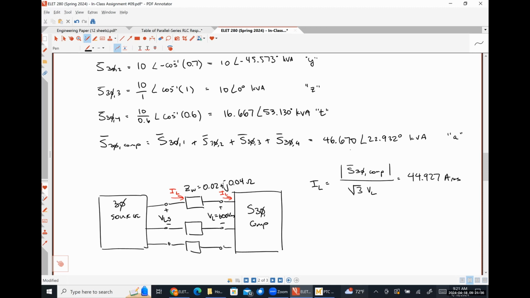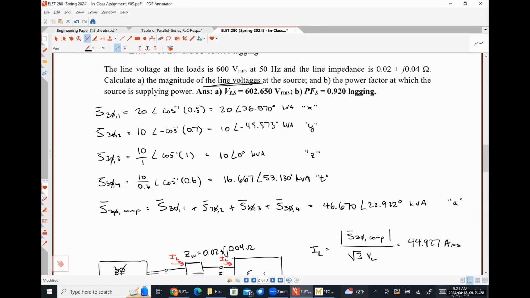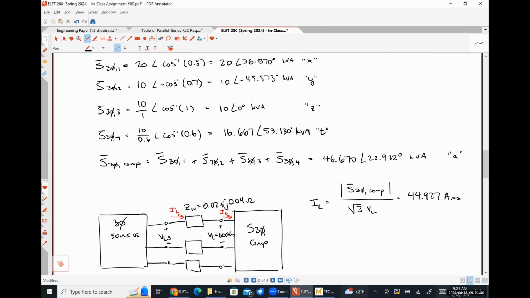All right. So knowing the magnitude of our line current, how are we going to find the complex power absorbed by our transmission line network?